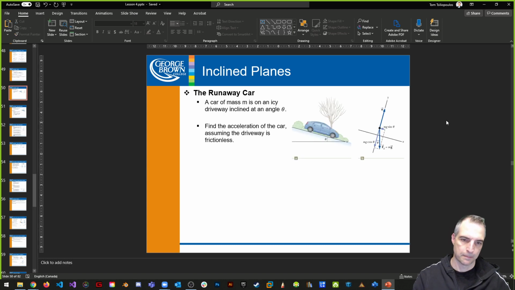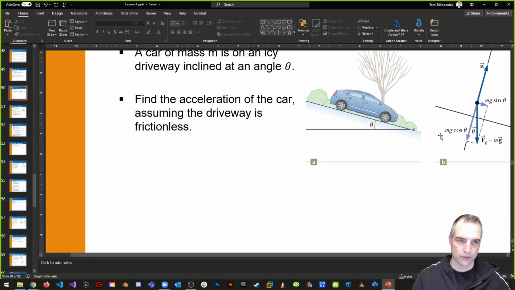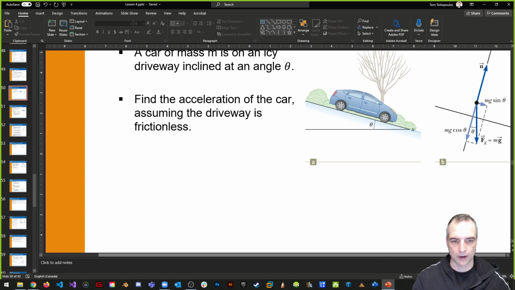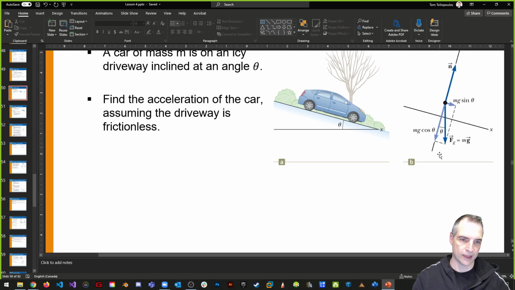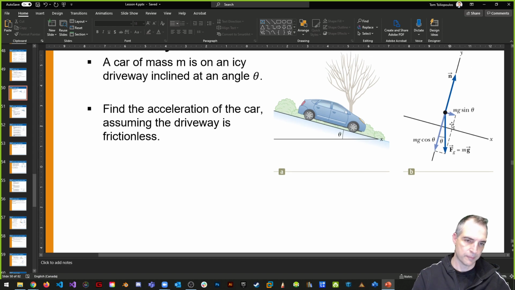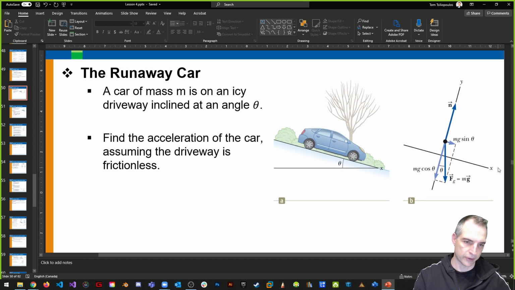Here's an example. If we were to put our x-axis and our y-axis like this, so again, we're using a convenient coordinate plane, because we are rotating our coordinate system to match the angle of the inclined plane, that means it's going to modify some of the ways we're looking at sine and cosine.